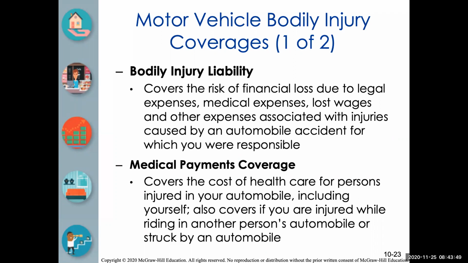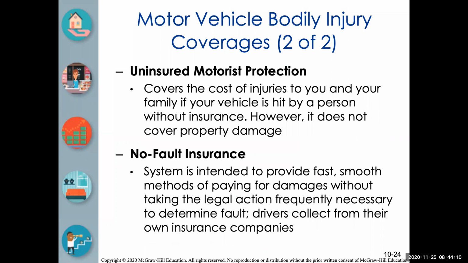And medical payments coverage. This covers the cost of healthcare for the people injured in your automobile, including yourself. It also covers if you're injured while riding in another person's vehicle and that person's car gets damaged. So medical payments coverage is also important. Uninsured motorist protection.